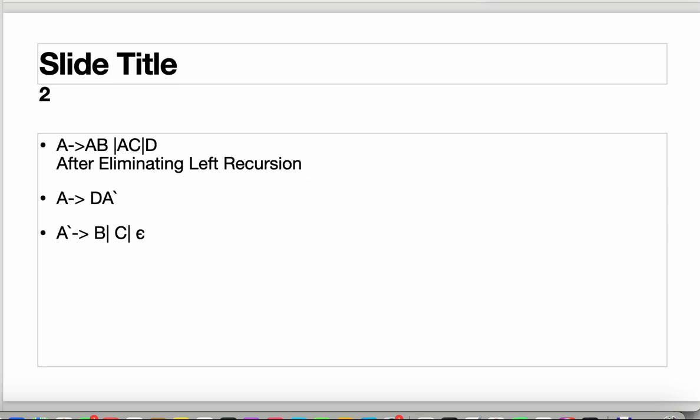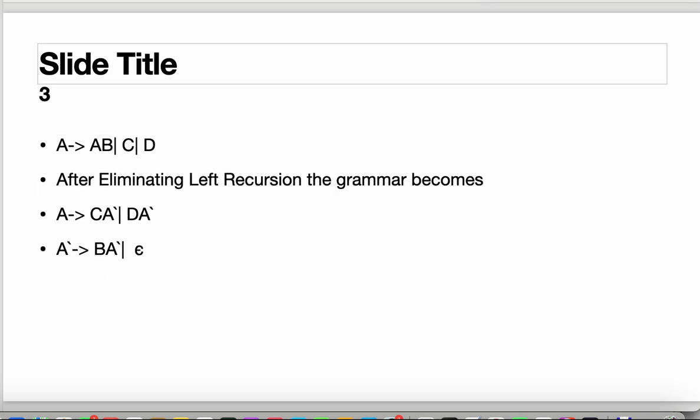So in place of ABAC, we write only B A dash, and C A dash, the symbol we have created, slash epsilon. So this is how you eliminate left recursion from the given grammar. Now take another example.